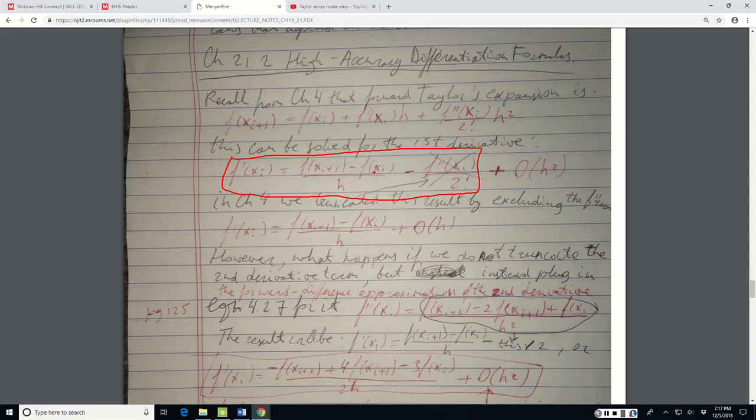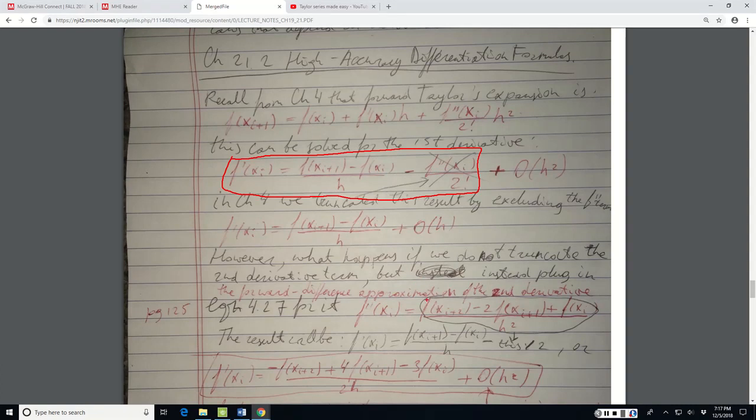These points are just your y values, right? But what do you do about the second derivative in this equation? Again, you're trying to avoid doing calculus, right? This is numerical methods, so you do not want to calculate the second derivative analytically.